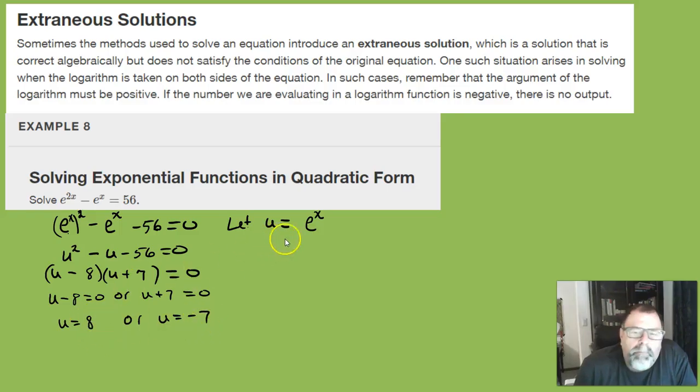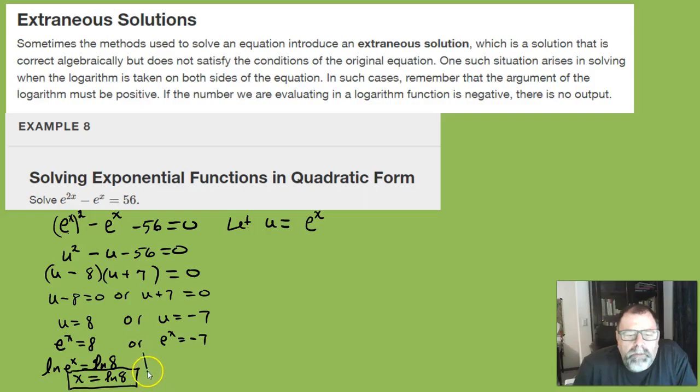Now I'm solving for x, so I'm going to do e to the x equals 8, or e to the x equals negative 7. So when I do ln of both sides, ln of 8, ln and e cancel each other, so I get x equals ln of 8. And then that's my answer there.